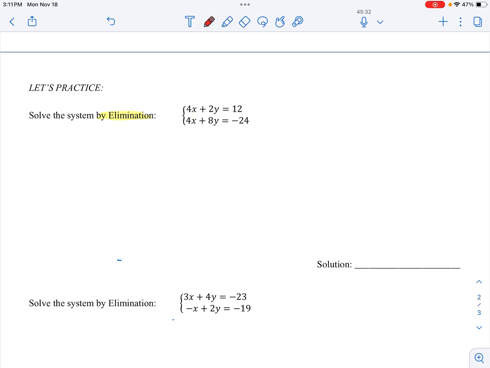However, I could make 4 and 4 become opposites if one of those was a negative. So I'm going to go ahead and multiply that top equation by -1, which would now make it -4x, -2y, and -12. The bottom equation, I don't need to change, so I'm going to leave it alone. I'm just going to slide it over.